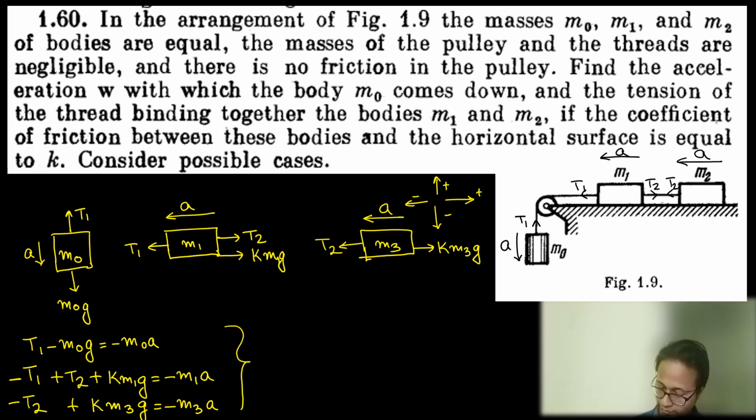These are the three equations from the three bodies. If you add all of these equations together, what do I get? Plus T1 minus T1 gets cancelled, plus T2 minus T2 gets cancelled.